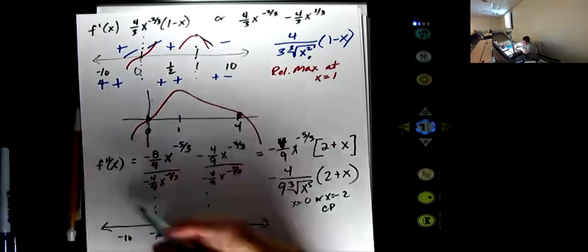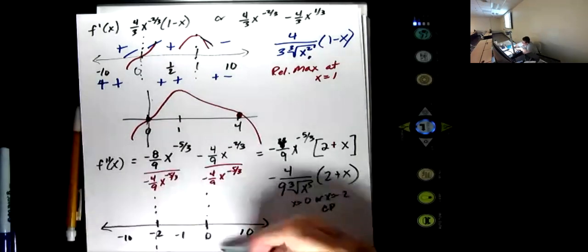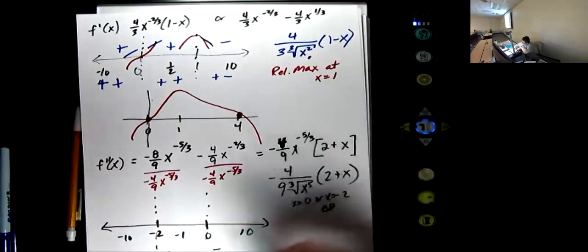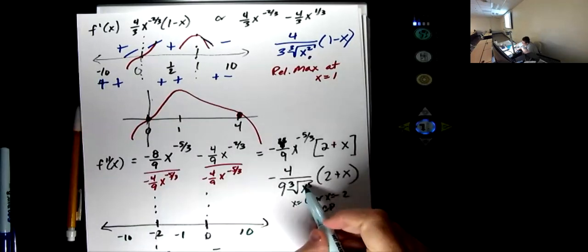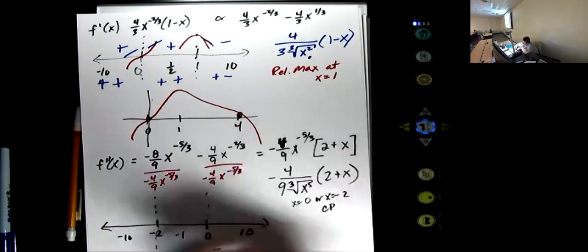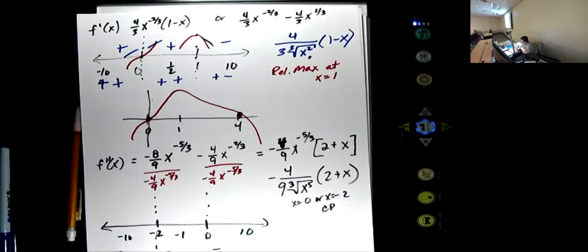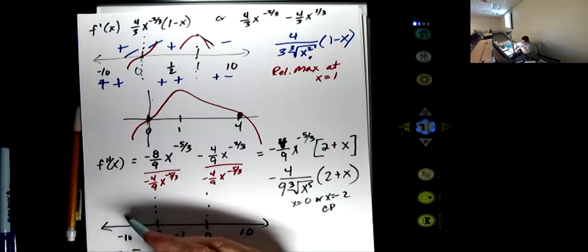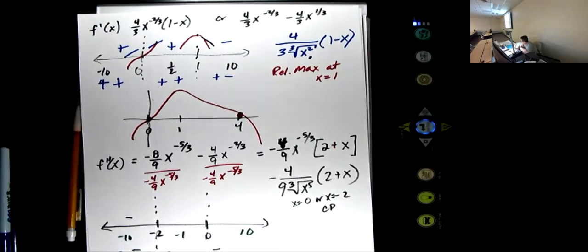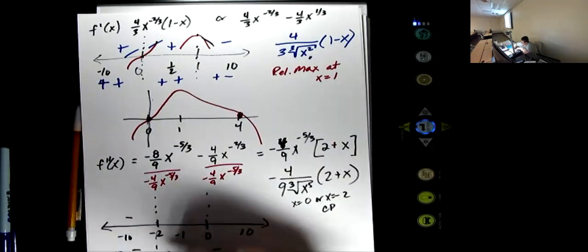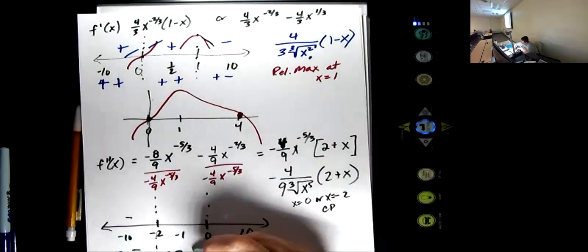So I have the negative in front for all of them. And then when I stick in -10 into the cube root, I'm gonna get a negative number. I don't know what it is, but it's gonna be negative. And 2 plus -10 is gonna be negative as well, so that's a negative region. If I stick in -1, this is negative, but the second one is positive.